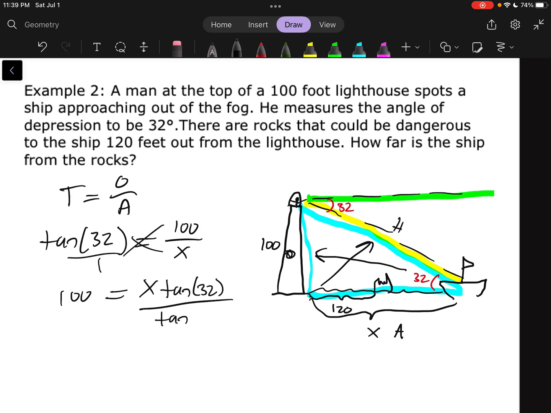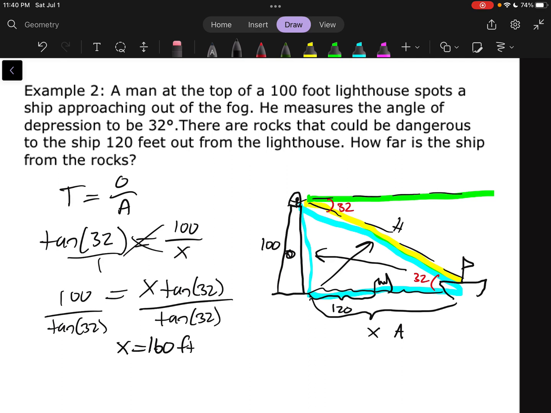Let me divide. 100 divided by tangent of 32 gives me x to be 160. And I guess that's just 160 feet.